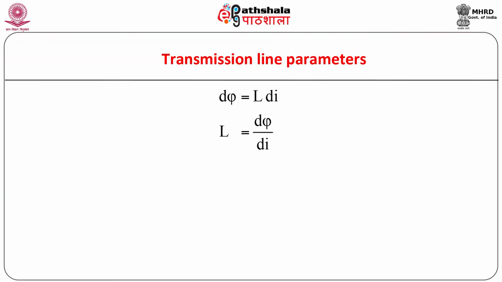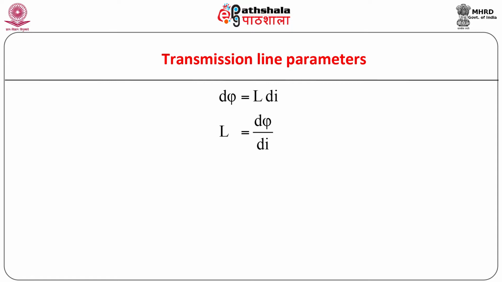Let us discuss in brief the parameter inductance per unit length of the transmission line. We know that a current carrying conductor is associated with a magnetic field around it. Accordingly, a sinusoidally time varying current flowing through the transmission line produces a time varying magnetic field, which in turn produces an EMF in the line.